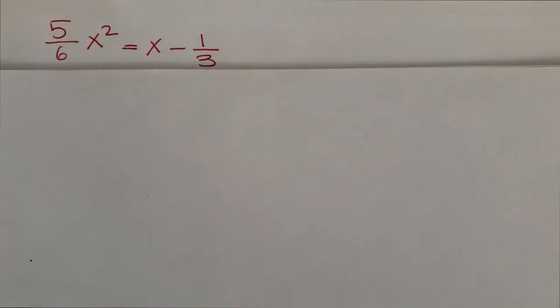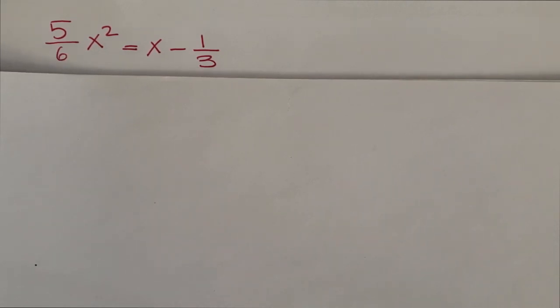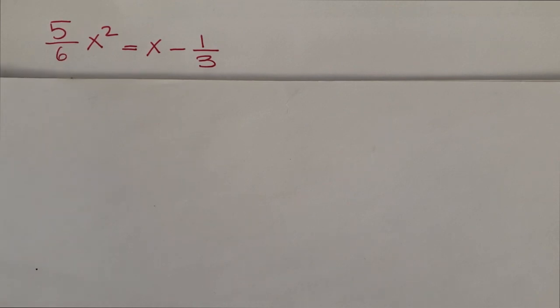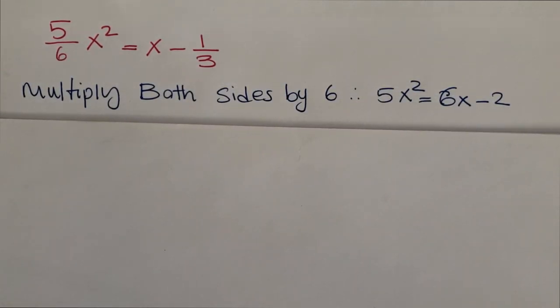Okay, now another example. As you can see here, this is not arranged. So first thing first, we have to arrange it. And then you can see that some of the coefficients are fractions. So in order to get rid of the fractions, I multiply both sides by 6.